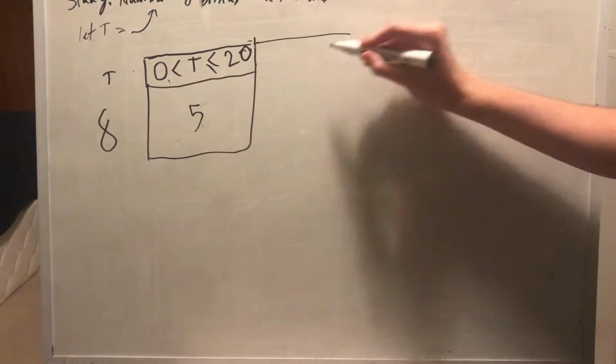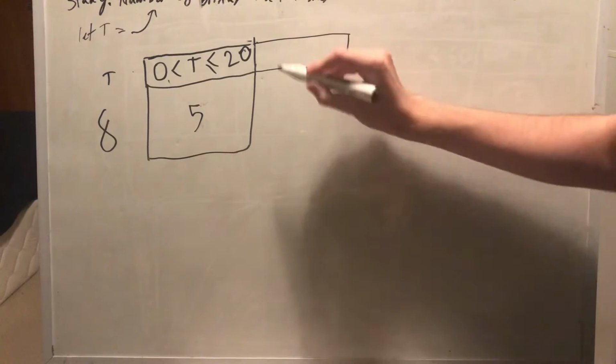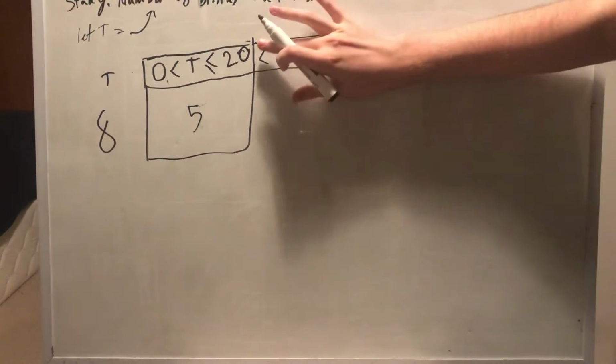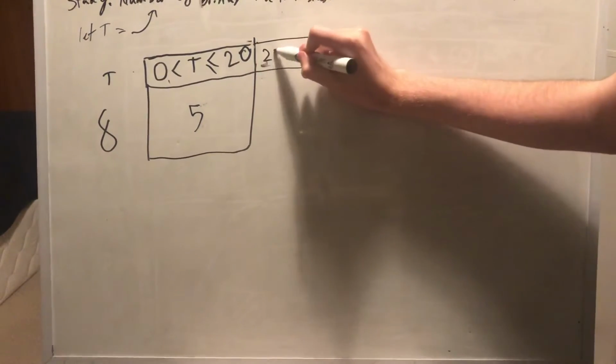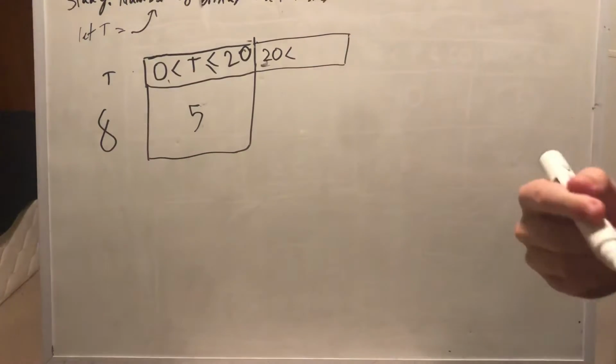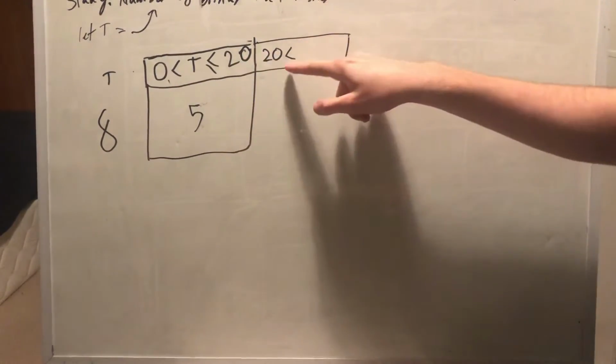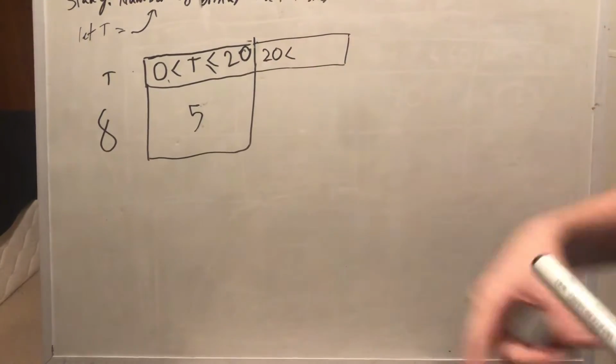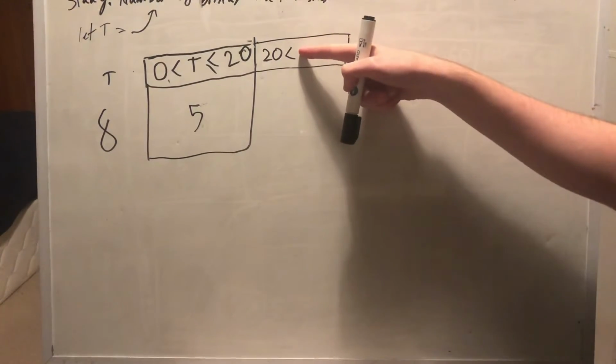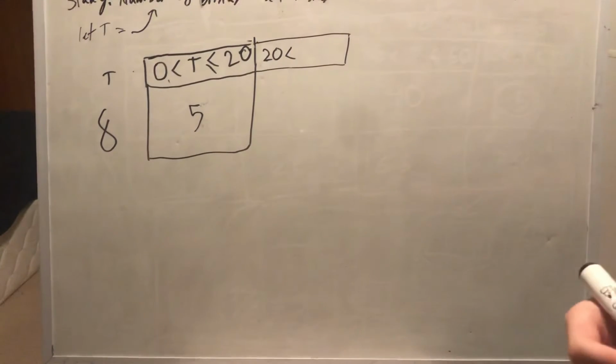Then over here, I'm going to continue this row. Now we start at 20, because that's where this left off. You'll notice there's no less than or equal to sign here. This is just a less than sign. Why is that?